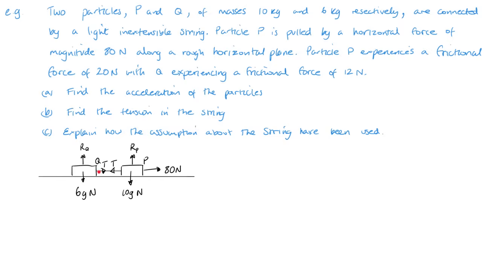So that's why we have the two arrows pointing towards each other. Now they also have frictional forces, so I'll put these on in red. This one has a frictional force of 20 and this one has a frictional force of 12. So that is what I've got all together, and we are accelerating to the right.